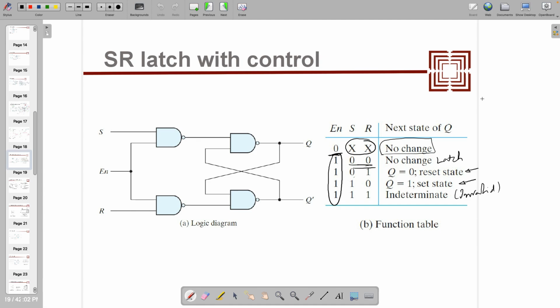Wherever this particular function table is created, that particular circuit is known as the SR latch. It doesn't matter whether you are using AND gate, NOR gate, OR gate. There are a variety of gates you can use, and you can realize the same circuit or the same function table. Then that particular latch is known as the SR latch.